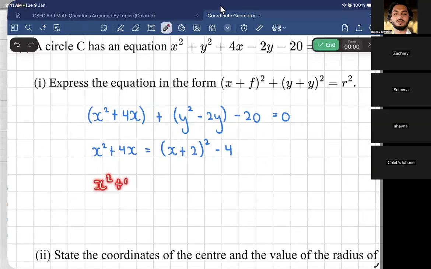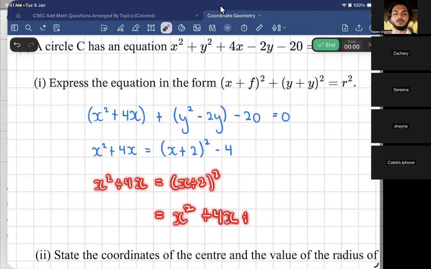You just told me that x plus 2 squared is what again? It works out to be x squared plus 4x plus 4. And we want that to be equal to what?